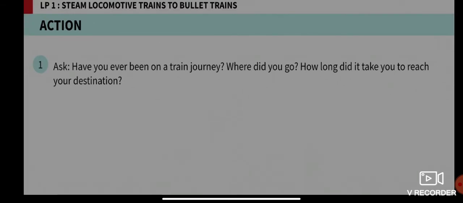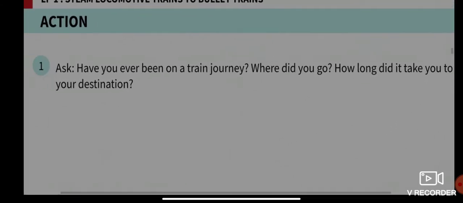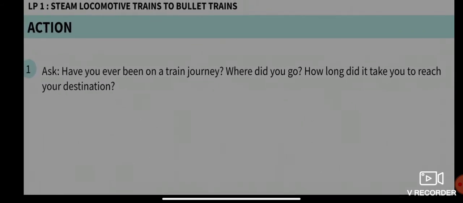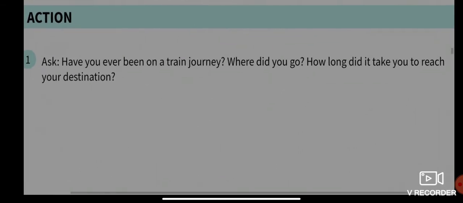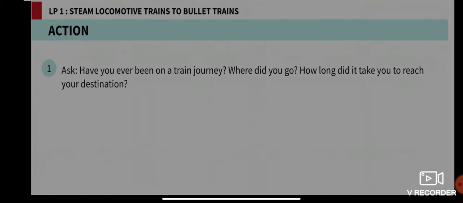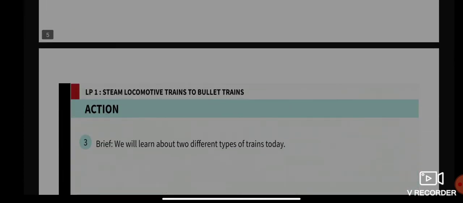Some of you, I'm sure, have been on a train journey, especially people from Assam or other northeastern states. So where did you go and how long did it take you to reach your destination? That is the question for all of you.